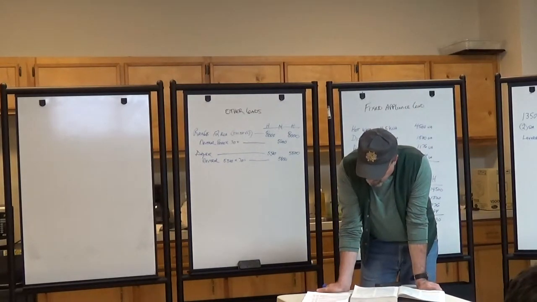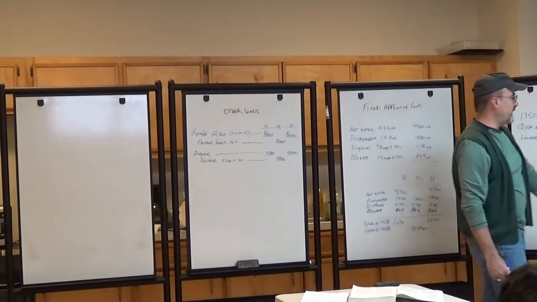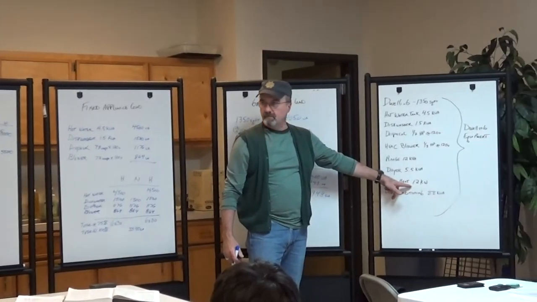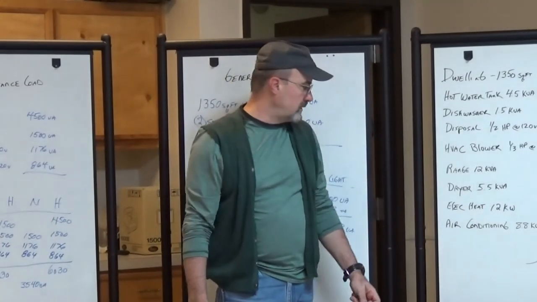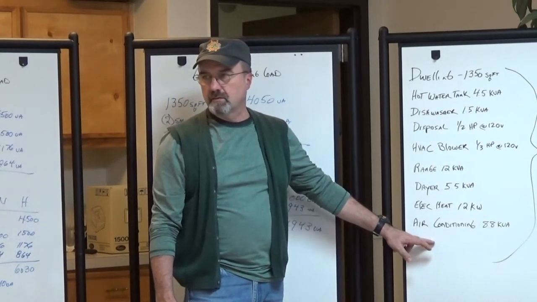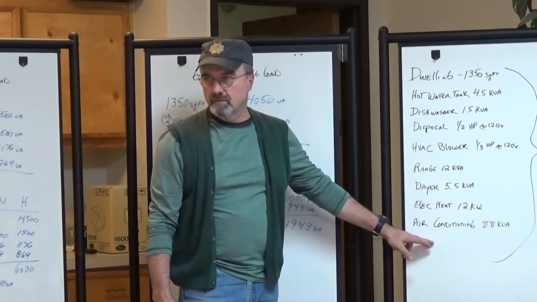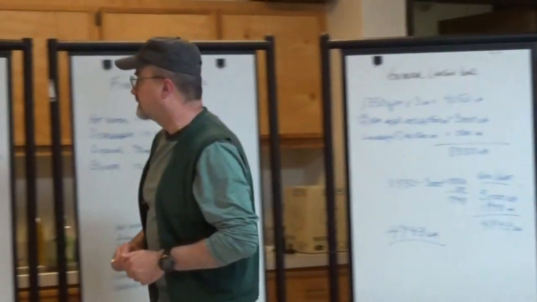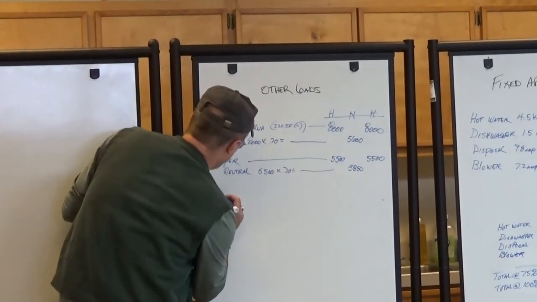So, with that said, the electric heat is rated at what? 12 kVA. And the air conditioner is rated at what? 8.8 kVA. So which one are we going to use? 12 kVA, right? Yep. Okay. So, electric heat.